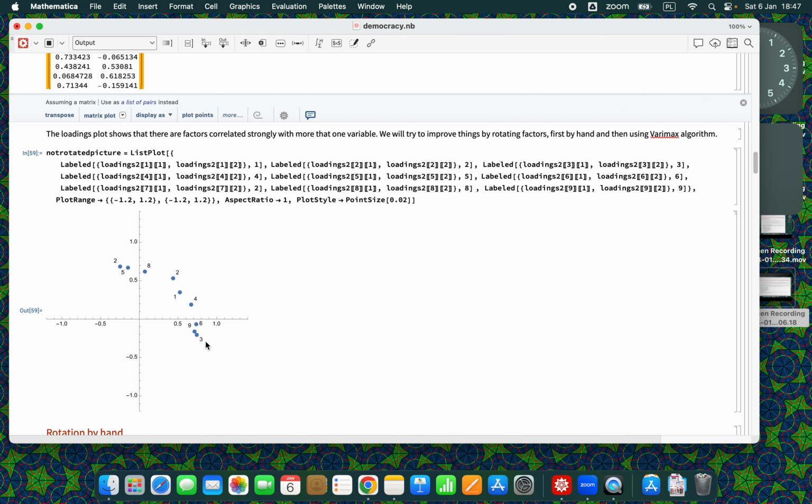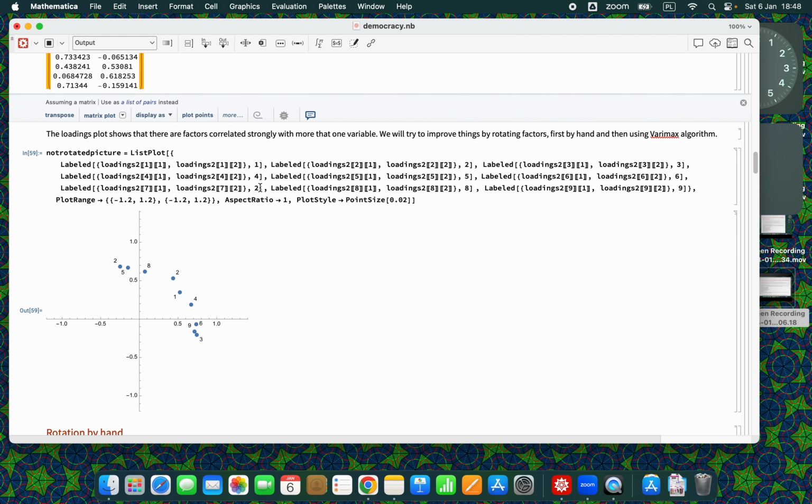And what we want to do is to rotate the axes in such a way that points are close to the axes. And we see that especially this first variable does not fulfill this criterion. It is not there. And where is variable number 7?